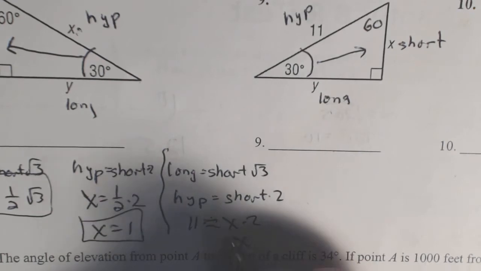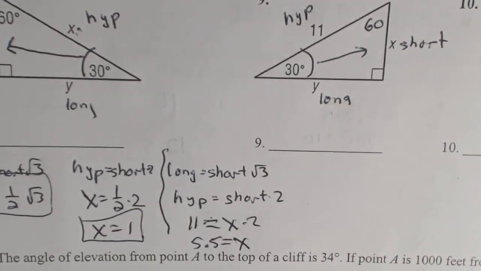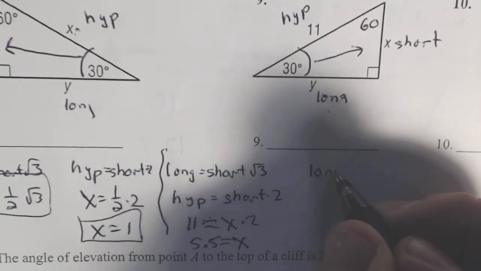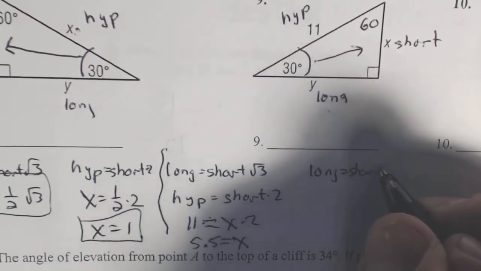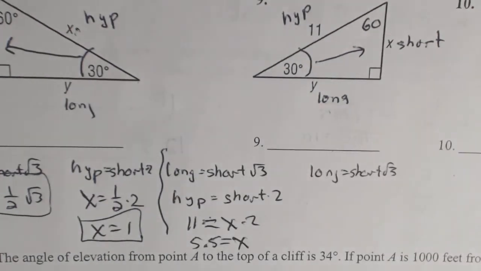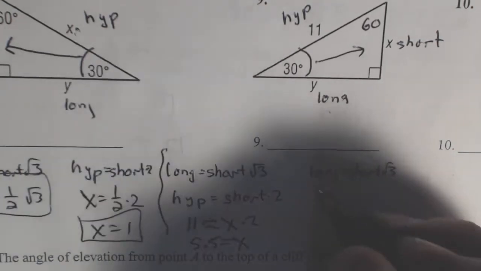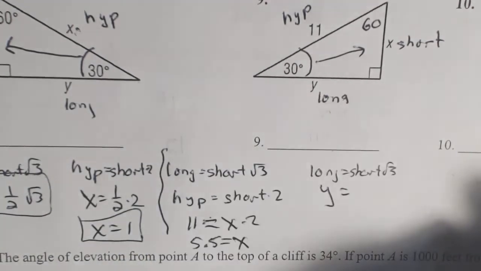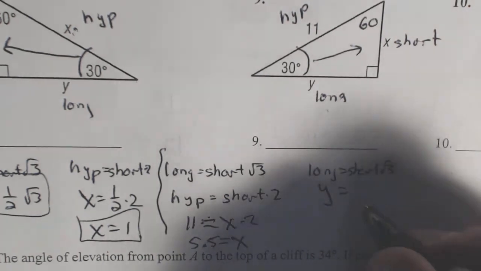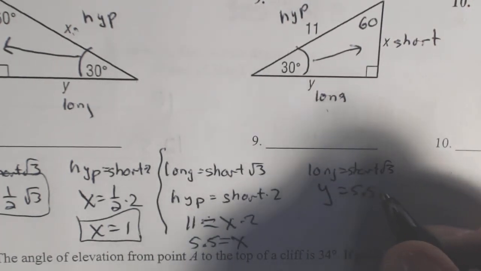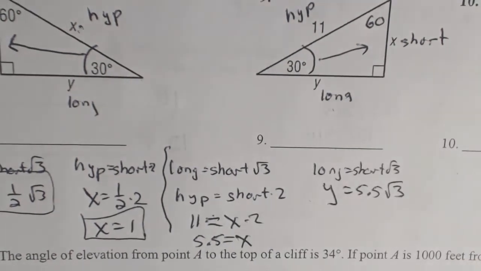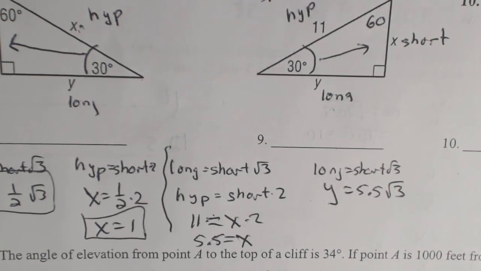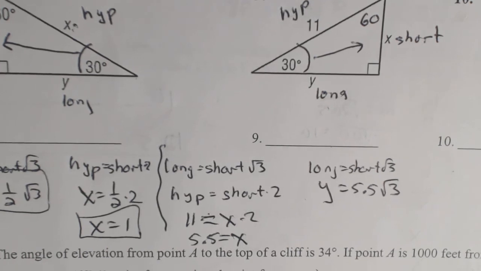That means x is 5.5. Half of 11. And now use the rule long equals short root 3. Long is your y. It's equal to short, which we just figured out was 5.5, square root 3. So your answers are x was 5.5 and y is 5.5 root 3 over on number 9.